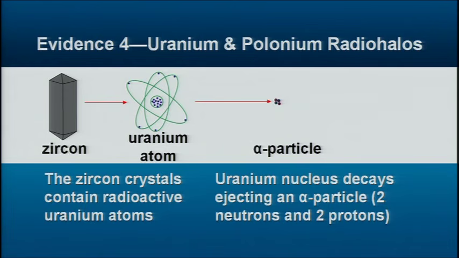But these radioactive uranium atoms are spitting out these alpha particles, which is the name for 2 neutrons and 2 protons that the nucleus spits out to reduce its size to become more stable. And we call the 2 protons and the 2 neutrons together an alpha particle. That's alpha decay.